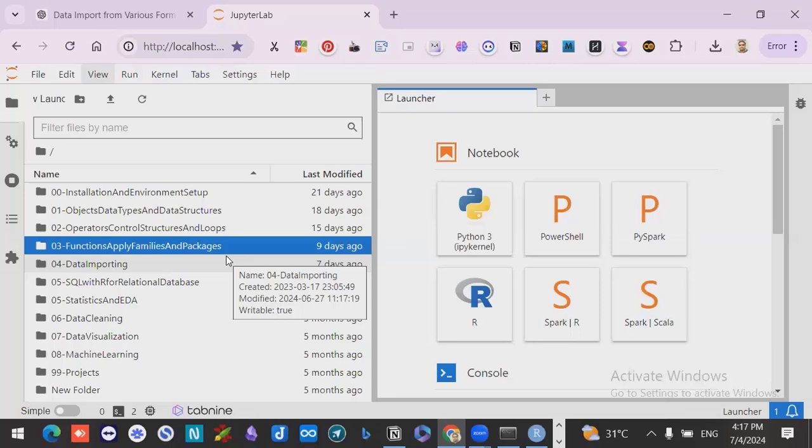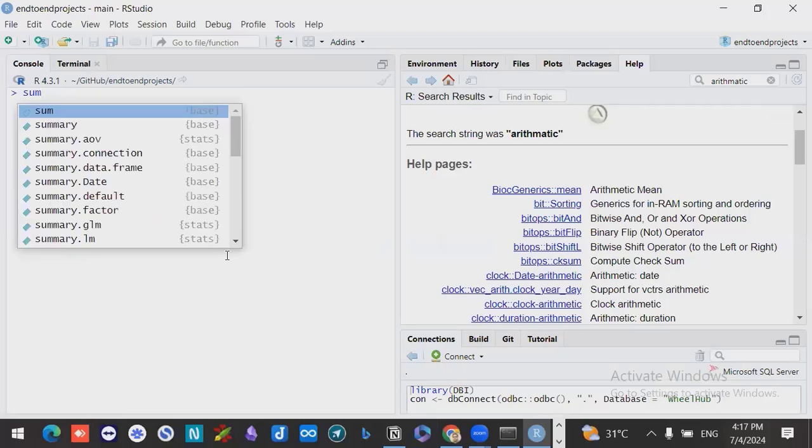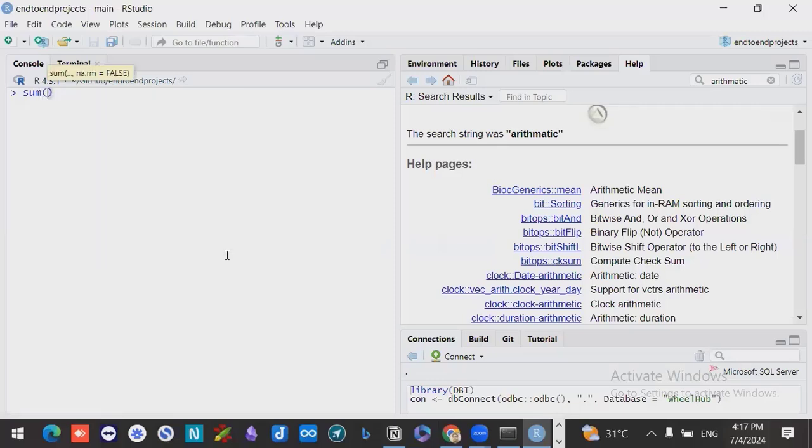If you want to go ahead with any values, like summation, I can give it, but I have to provide some vector, like 3, 2 comma 3, and just ask for it. This is a simple function. Along with the sum function, we learned so many things like max, which will provide the maximum value. And like that, we have different functions.